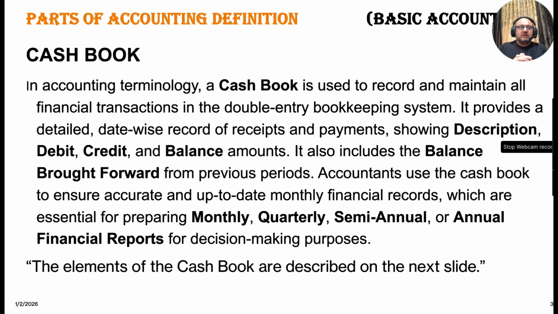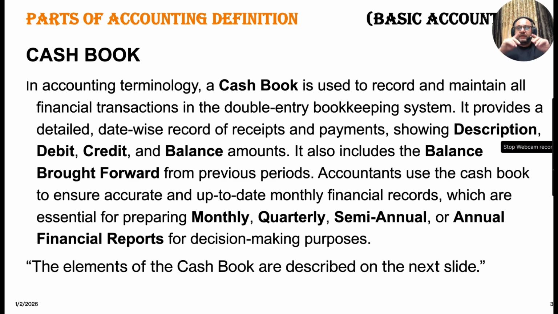And the other one is balance brought forward, or balance column. In the balance column, when we record debit and credit, it automatically deducts or increases your amount. Debits to you increase, and credits from you decrease your amount.